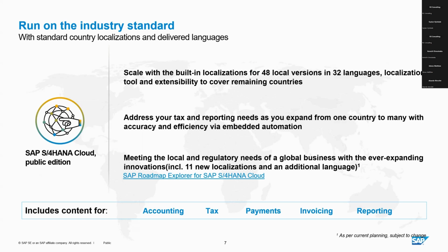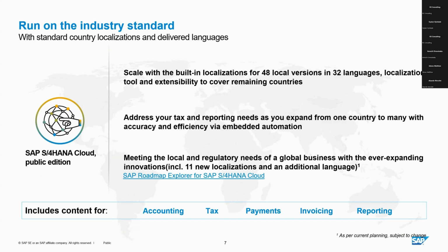SAP S/4HANA Public Cloud offers today 59 country localizations. So that's completely amazing, right? When we compare with other ERP solutions that have very few localizations. So this is very key and important to multinational companies when it comes to ERP investments, right?